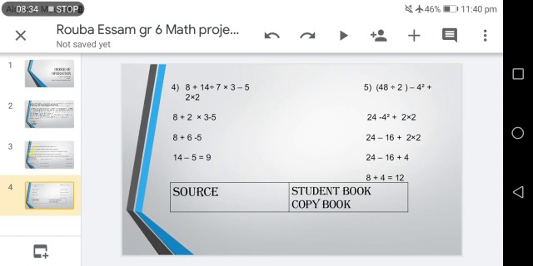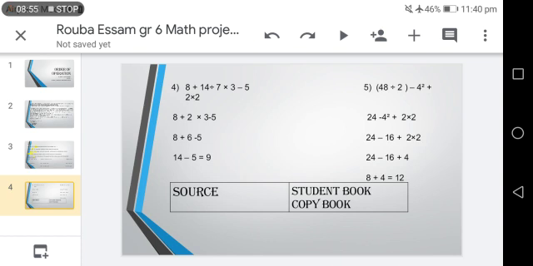So it's 8 plus 2 multiplied by 3 minus 5. We still have the M, which is the multiplication. 2 multiplied by 3 is 6.